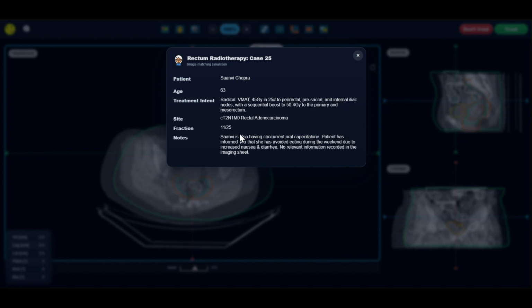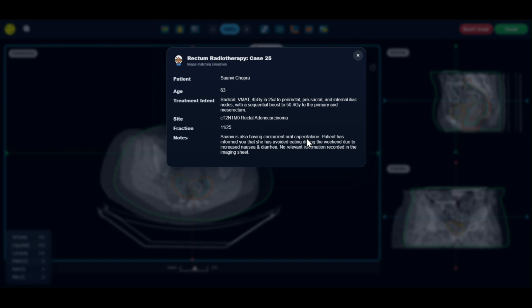The patient is also having concurrent oral capecitabine. Concurrent means the patient is having the capecitabine together with radiotherapy, so at the same time as radiotherapy. Oral means that it's taken by mouth, and capecitabine is a chemotherapy drug. More specifically, it's a drug that is converted in the body into 5-fluorouracil, often called 5-FU.